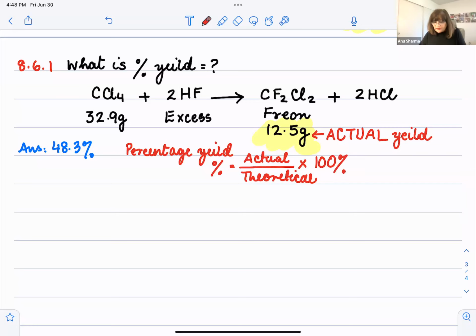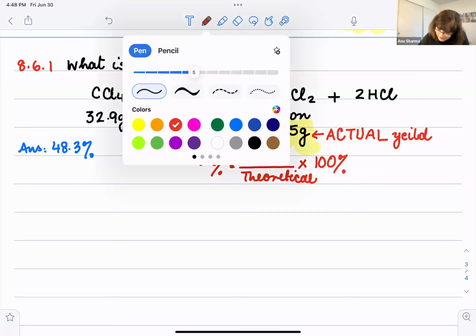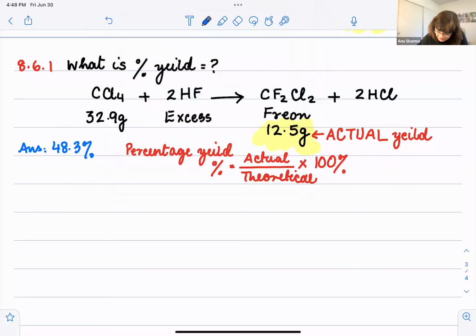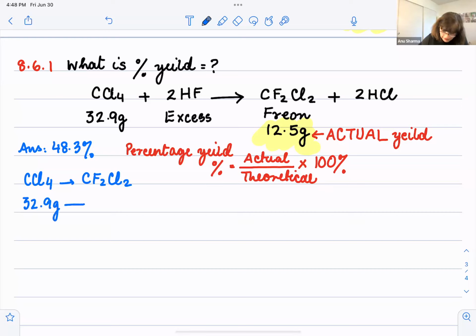So in this case, you are given 2 things. One is the carbon tetrachloride, and you are comparing it with CF2Cl2. Like if you are using 32.9 grams of carbon tetrachloride, how much of the CF2Cl2 will you produce? This is the theoretical yield.